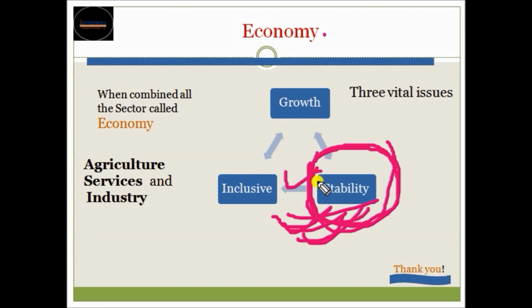Without stability, it is very dangerous for the economy. So now we will discuss this in detail in the next slide or next class. These are today's topics, and today we discussed this. Thank you.